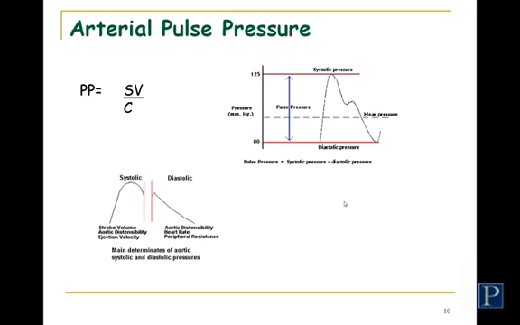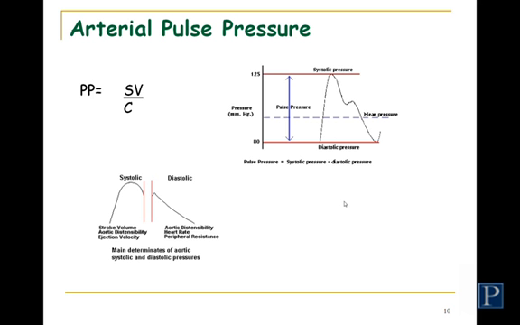When the aorta recoiled, because it was stretched out, it recoiled, sending the blood distally, but the pressure wave is actually sent ahead of the volume, ahead of the blood. And what you're feeling is that recoil, or that pressure wave that was created by the recoil of the aorta, and you're feeling a pulse.